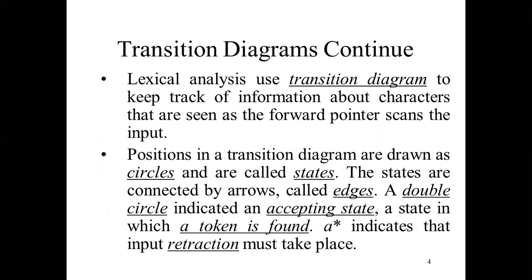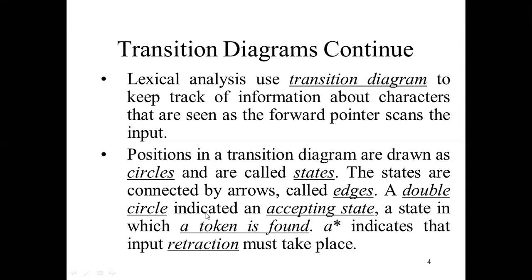Now, the lexical analyzer uses the transition diagram to keep track of information. Ultimately we will receive a number of characters, and those characters will proceed with the help of the pointer, and the scanning will continue in a similar manner. So positions in a transition diagram are drawn as circles. We represent each state with the help of circles, and these are called the states. The states are connected by arrows, and those arrows are called the edges.